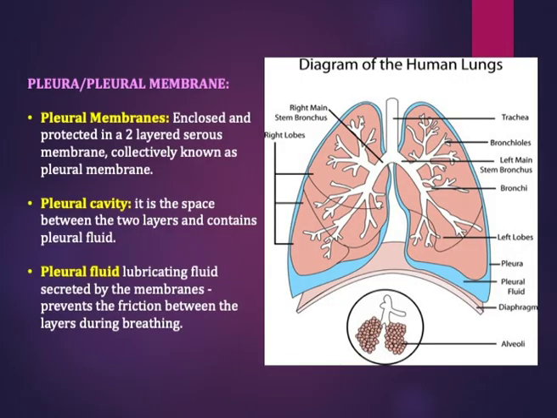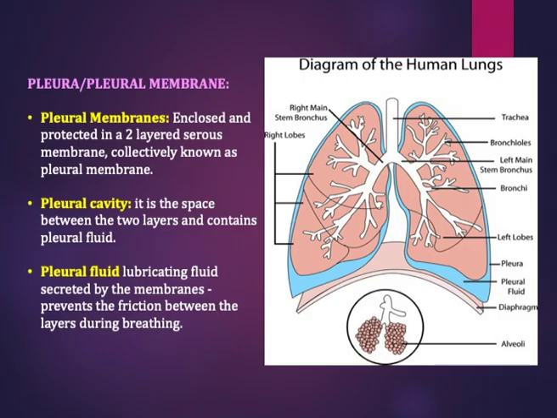Coming to the protective structures of the lung, the lungs are enclosed in a covering called serous membranes. A double-layered serous membrane collectively called the pleural membrane covers the lungs, and the space between these pleural membranes is called the pleural cavity, and this cavity is filled with pleural fluid.